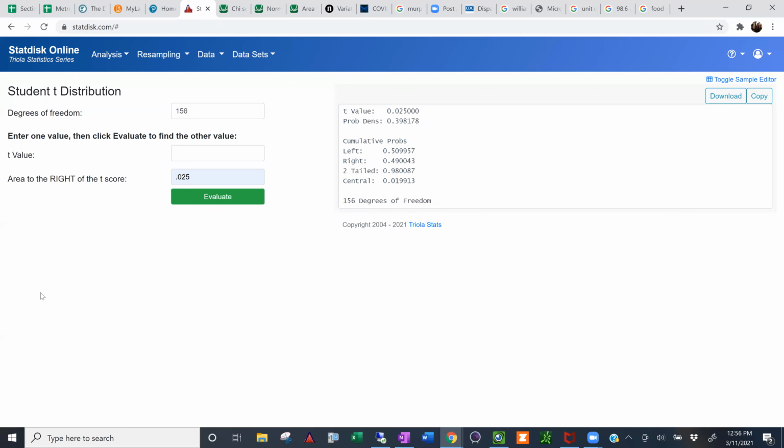And be careful. You don't want to put that value in as your t value. We want to put that into this part right here. I want the area to the right of t to be 0.025, and then let Statdisk figure out the t value. And it does. We get 1.975.